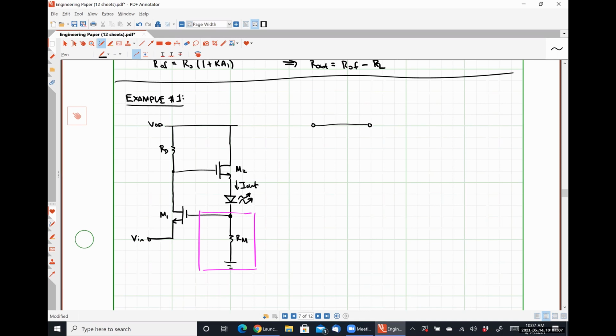And then between that short circuit and our ground terminal, we have that measure resistor, R sub M. So this is our feedback network.